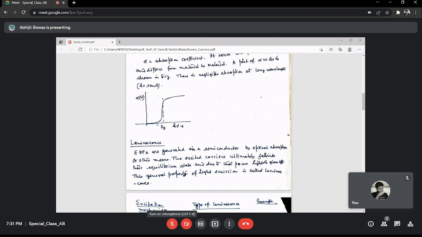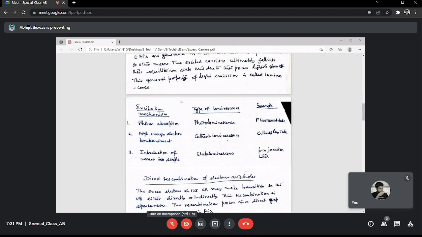So radiation passes through the semiconducting material without getting absorbed. And if the photon energy equals or exceeds Eg, then there is a sharp rise in the absorption coefficient. That means most of the photons will be absorbed inside the material. So this is an important characteristic.